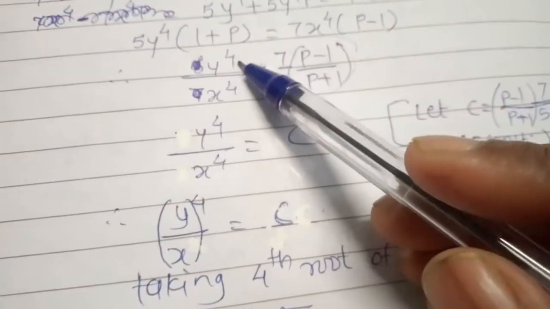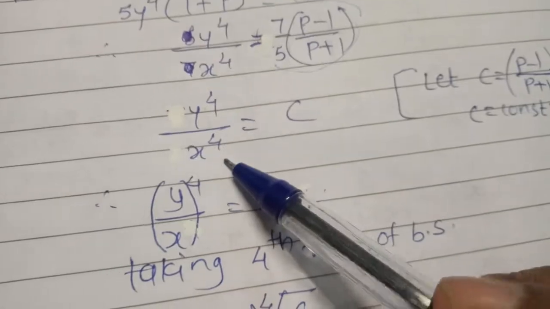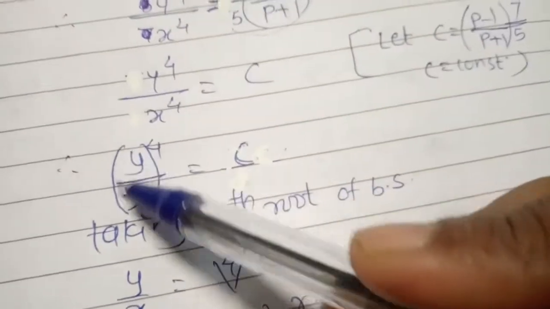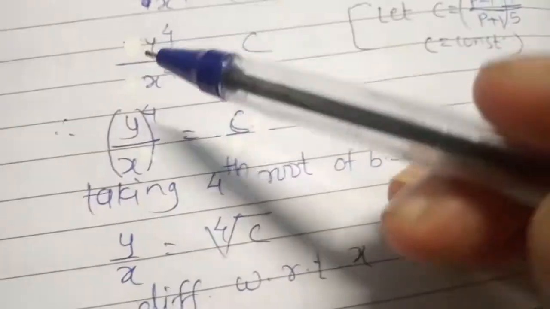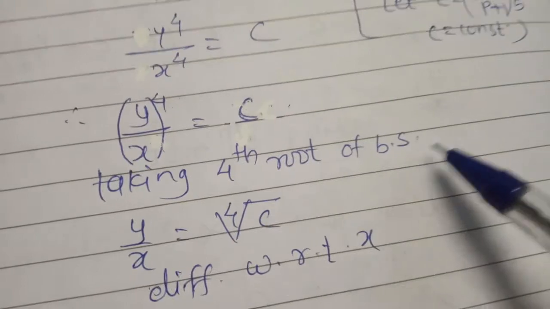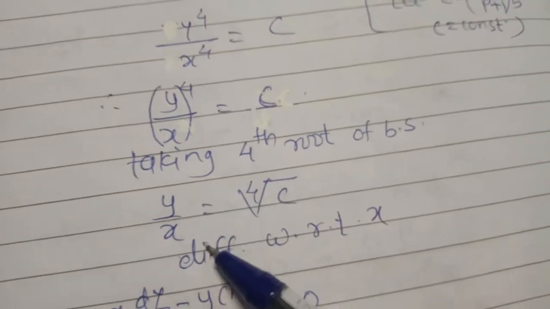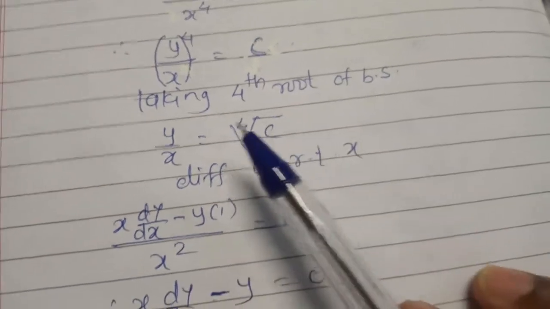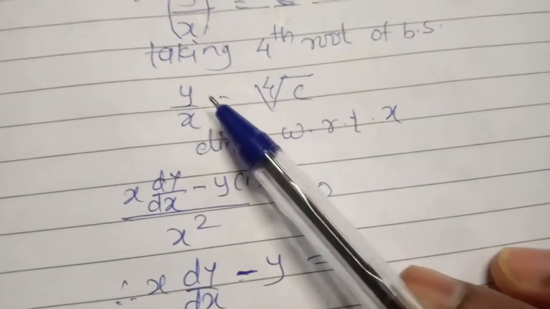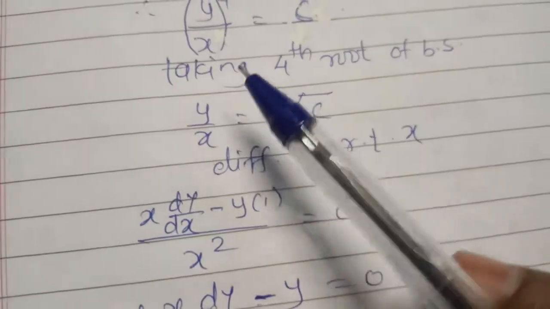So what remains here is y raised to 4 upon x raised to 4. Powers are the same, so we put in one bracket, that is y upon x, whole raised to 4, is equal to c. Since there is a fourth power, we are taking the fourth root of both sides. So y upon x is equal to the fourth root of c. Now differentiating with respect to x, the same formula we have to apply, u upon v.